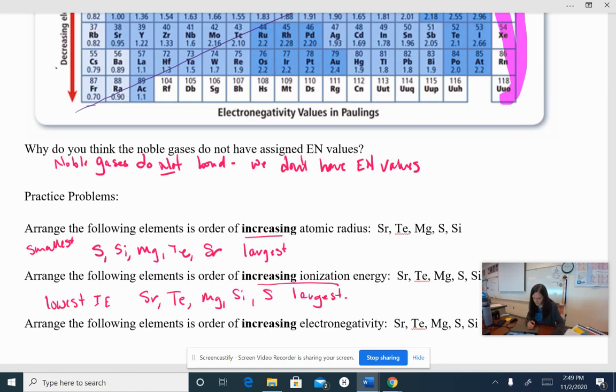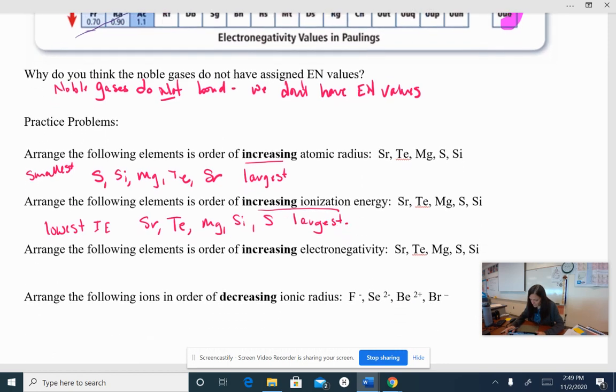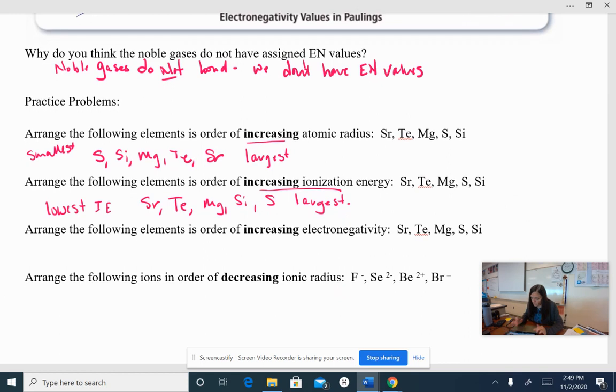Okay, now let's look in terms of electronegativity. Now, isn't electronegativity the same trend as ionization energy? The closer those electrons are to that nucleus, the more they're going to be attracted to that nucleus in a bond.